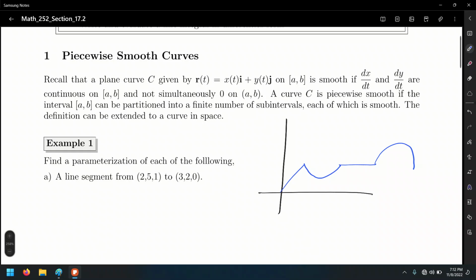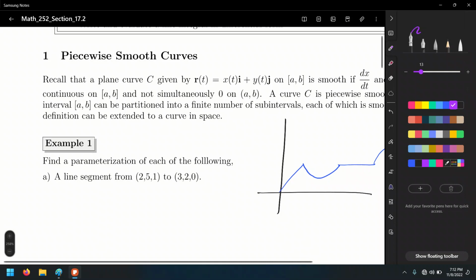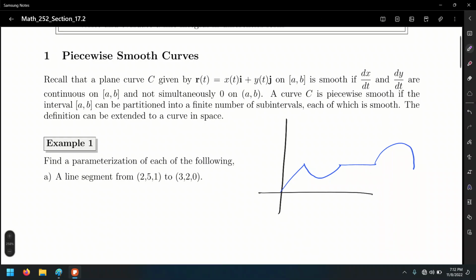So whenever that happens, we will have to define this function piecewise. In this case, this C will be C1, C2, C3, C4, and it's going to be defined in different pieces.